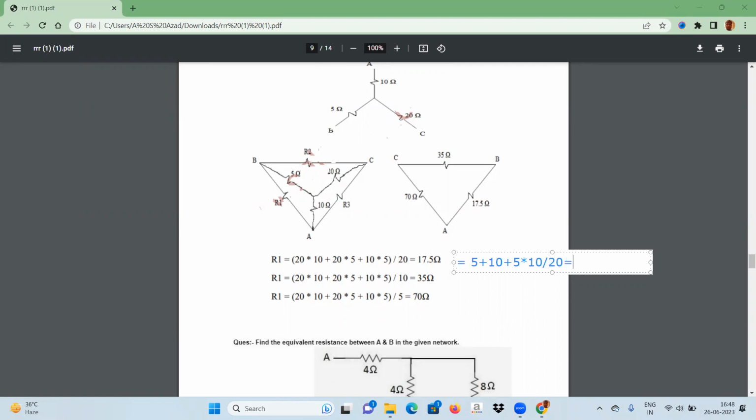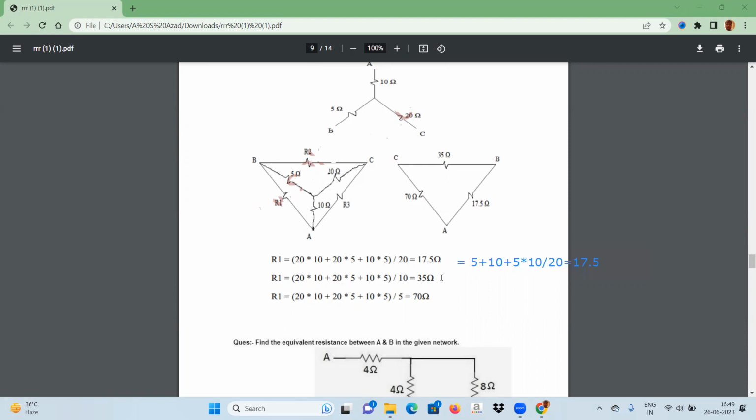Then what will be the result? 50 divided by 20 plus 15. The result will be 17.5.